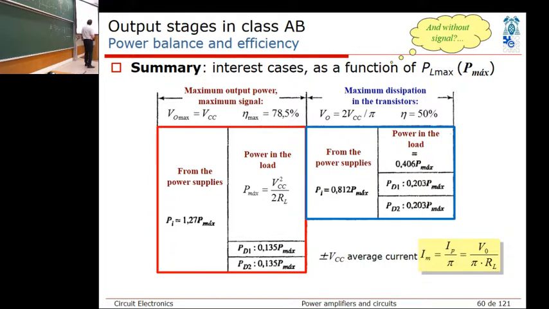And then maximum dissipation in the transistors for the highest transistor power consumption. So then, we are running it at about 40% of the Pmax, meaning our 100 watt amplifier would actually be consuming 40.6 watts now on the load.